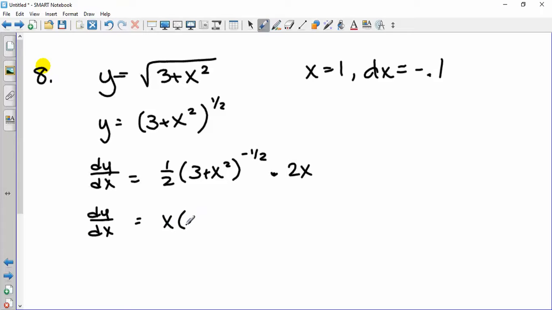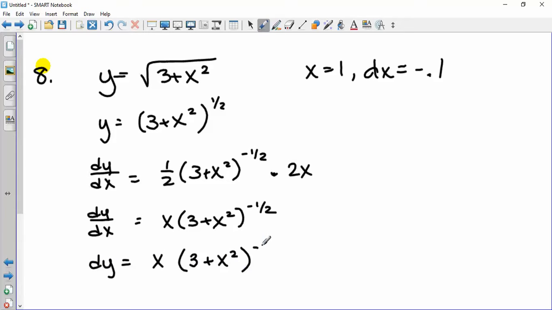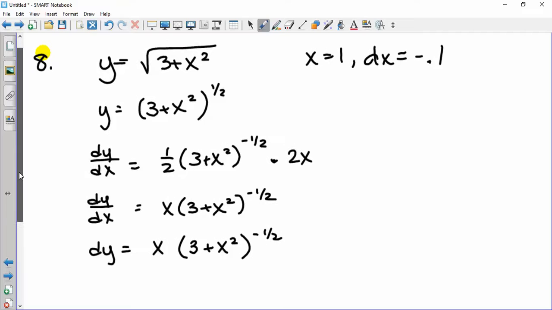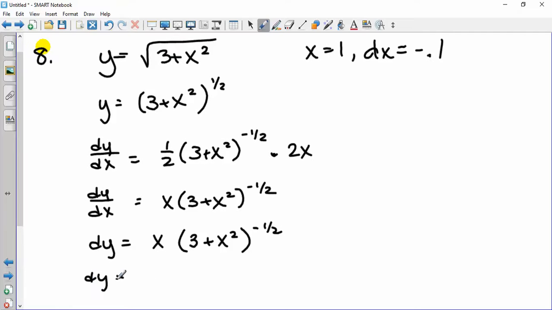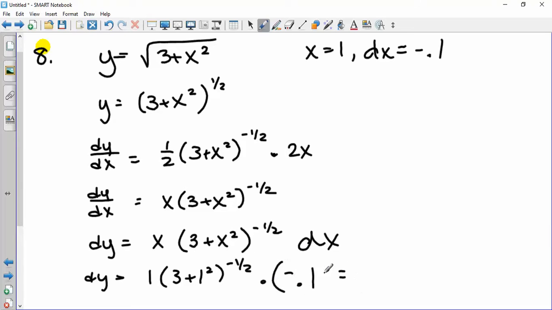One half times 2x would just be x times (3 plus x squared) to the negative 1/2. Now our goal is to find dy. So what you could do here is essentially, if you want dy by itself, all you do is multiply over the dx. And then we plug in everything we gave you. So x is 1, (3 plus 1 squared) to the negative 1/2 times dx, which is negative 0.1.